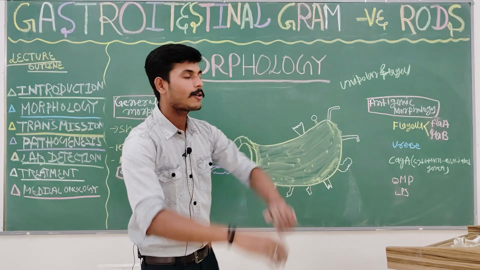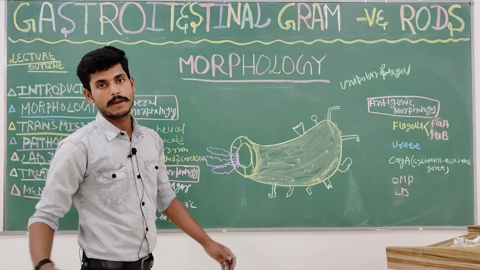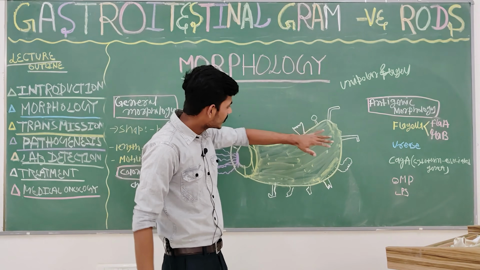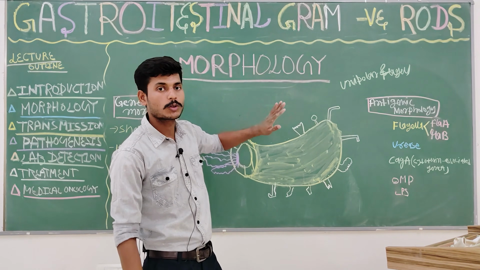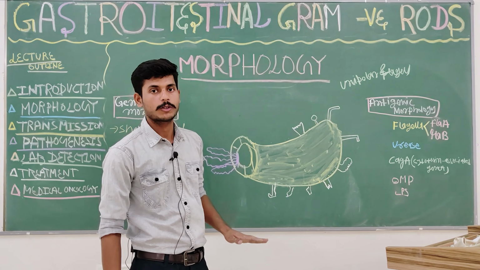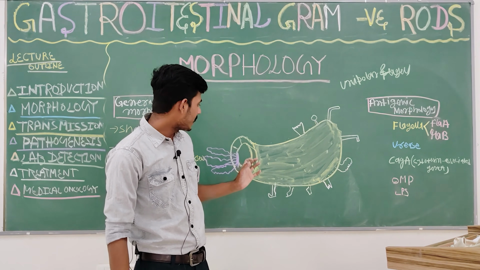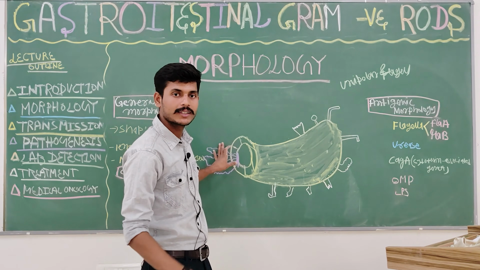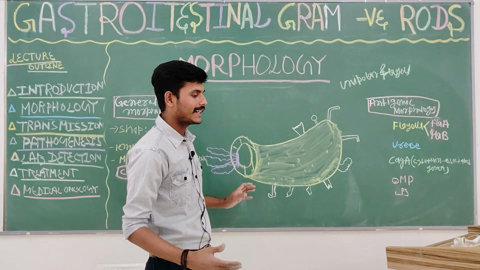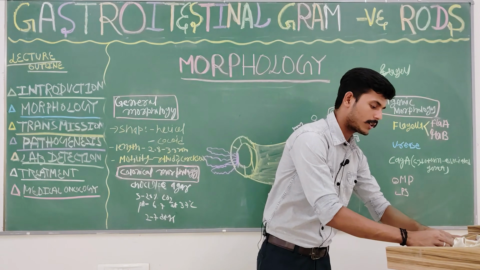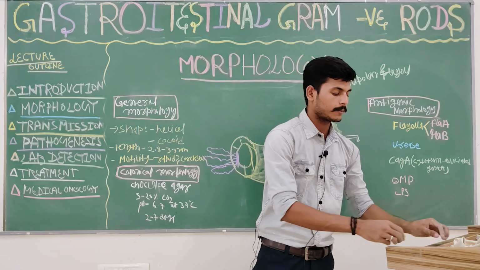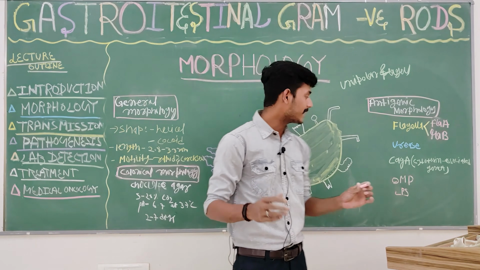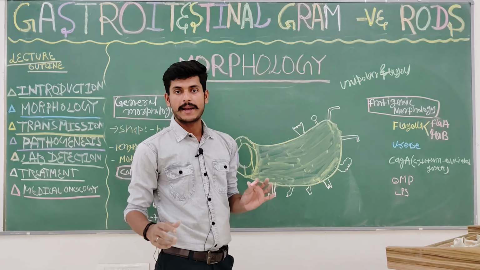Now let's talk about the morphology of H. pylori bacterium. As I said, this bacterium is a motile bacterium. Motile means it has certain structures which help in motility, and one of the strongest is mostly present in H. pylori bacterium.